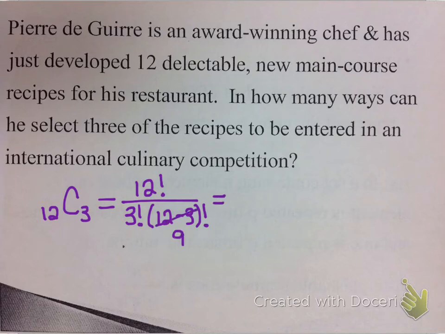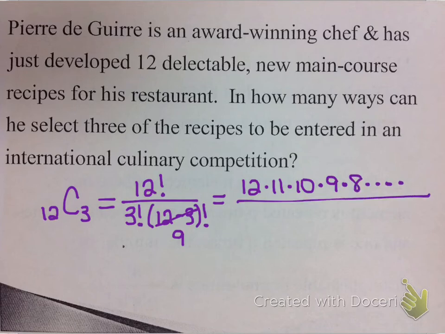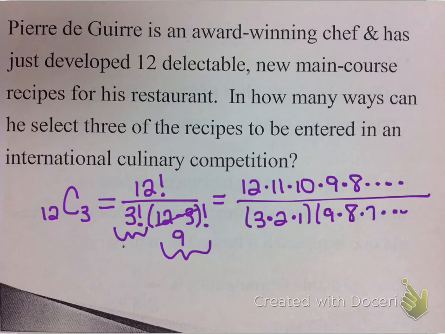So I start setting it all up. I have 12 times 11 times 10 times 9 times 8 dot dot dot. The 3 factorial down here will give me 3, 2, 1 again. And of course the 1 is invisible, it's optional. You don't even have to put it. And then the 9 factorial is going to give me 9 times 8 times 7 dot dot dot.